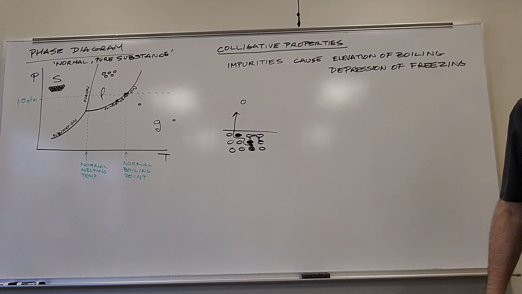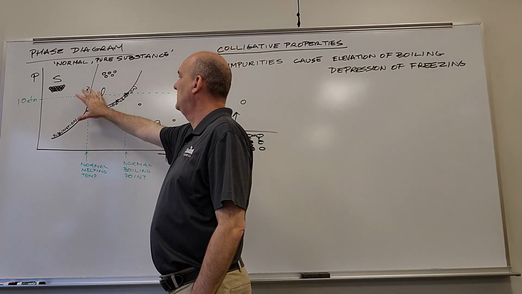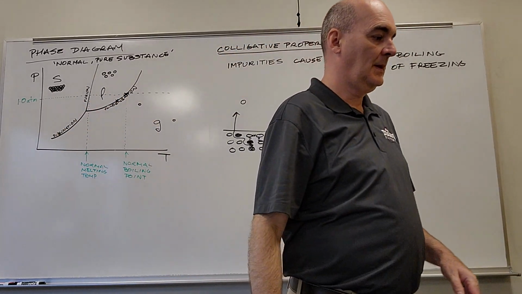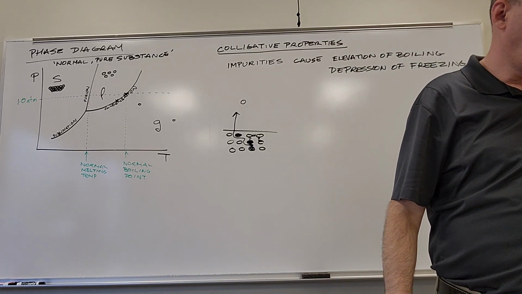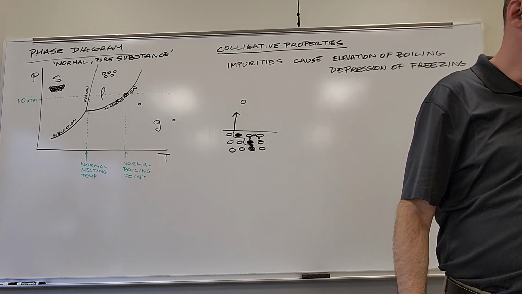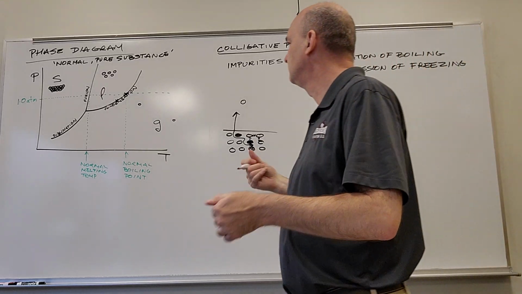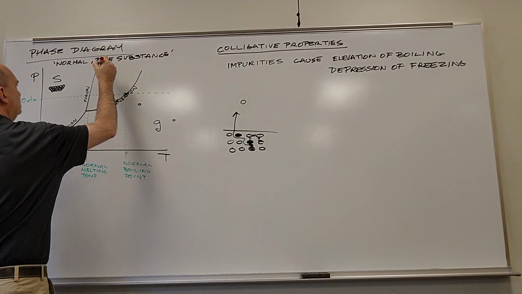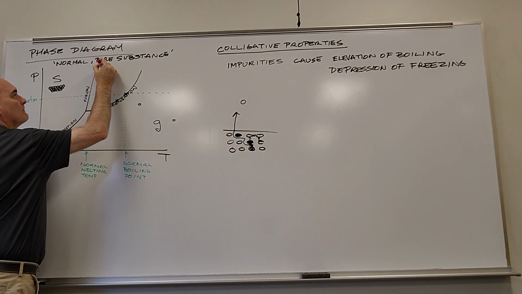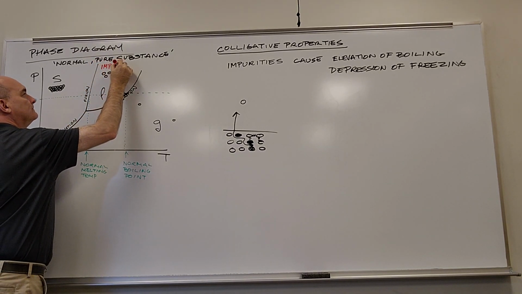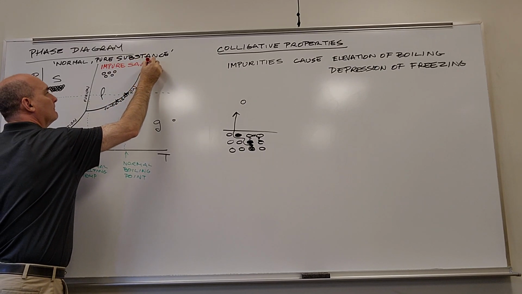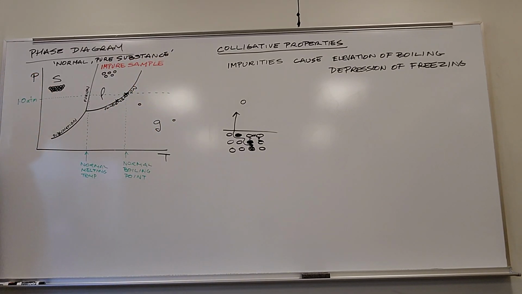Okay, what would that look like on our phase diagram? What would it do to the curves? It would spread out, right? Kind of, sort of, ish. If I add an impurity, think about this for a second. Well, let's limit ourselves to the normal part, just where it's 1 atmosphere.